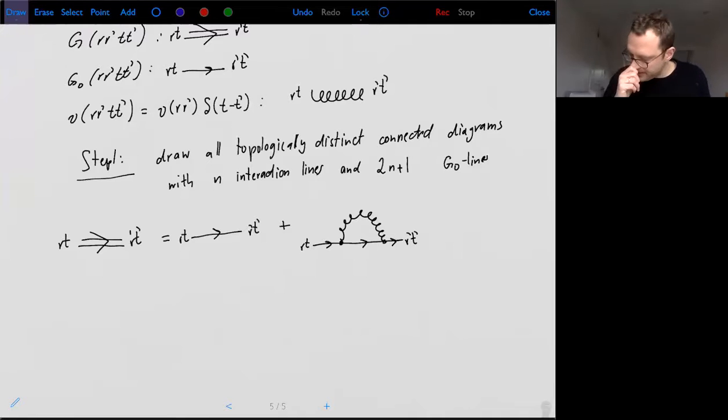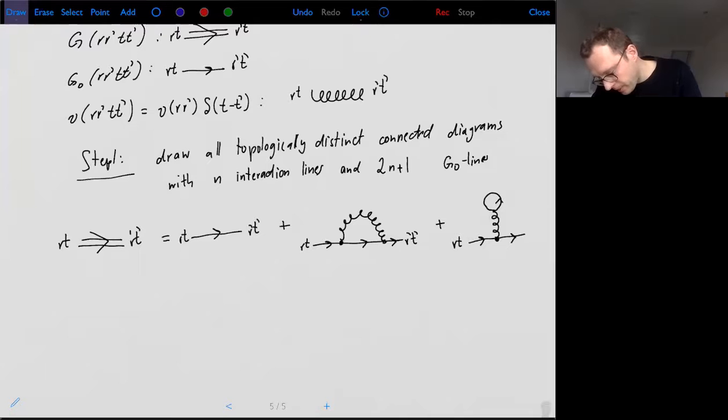So that is basically an n equals 1 diagram. But there's another one which looks like this. So you start at R,T, then you emit a photon, but the photon actually creates an electron hole pair, which is represented by this bubble, while the original photon keeps propagating to the position R prime, T prime, right?